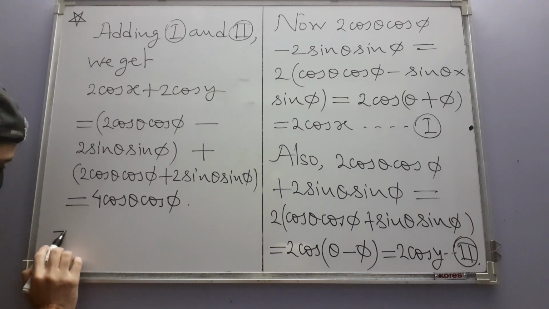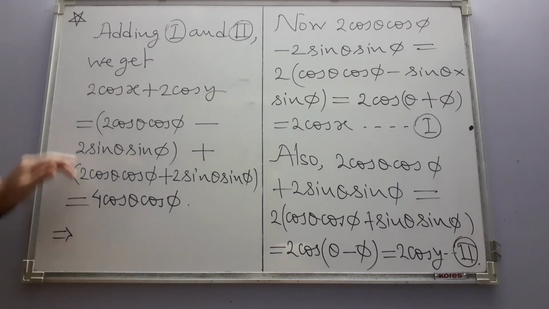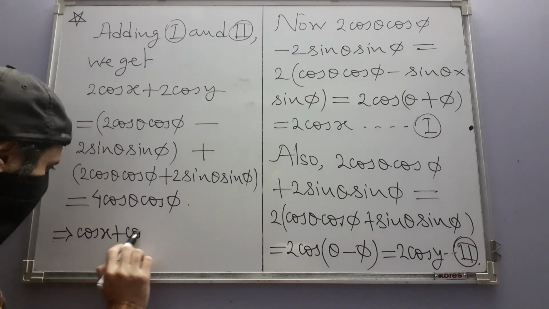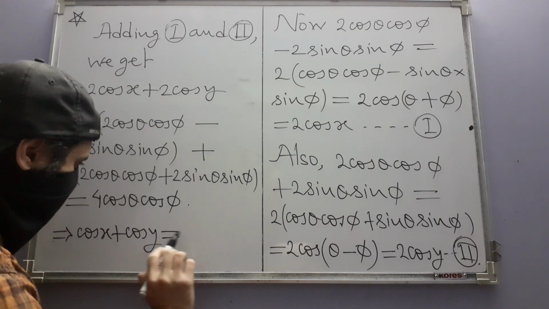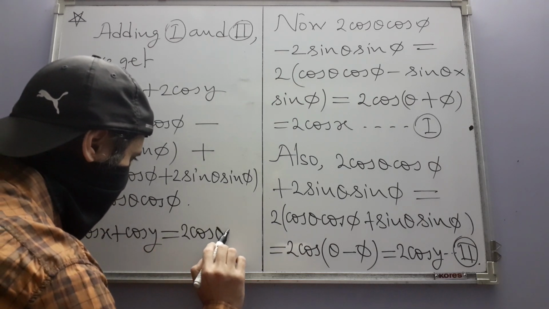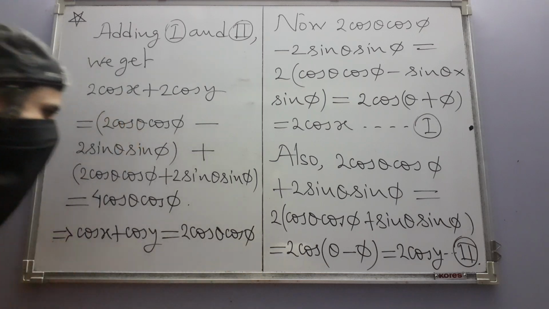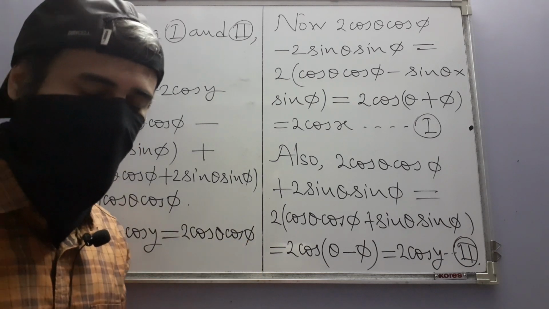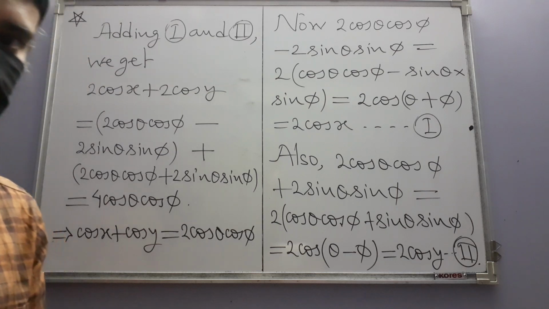And this implies what? If you cancel 2 from both sides, you then have cos x plus cos y equal to 2 cos theta cos phi. But now if you write what theta and phi really are, you have got your identity.